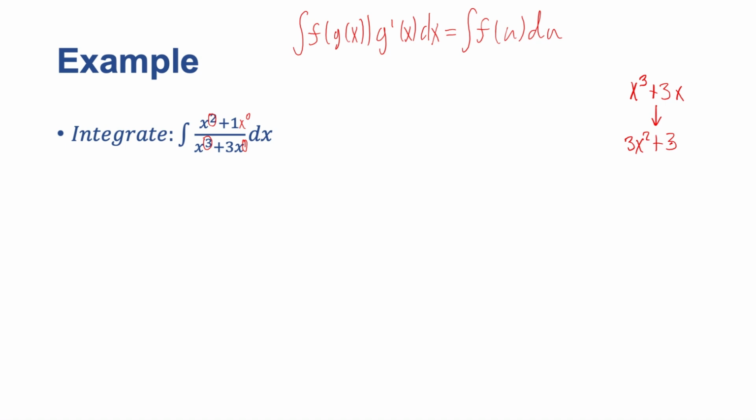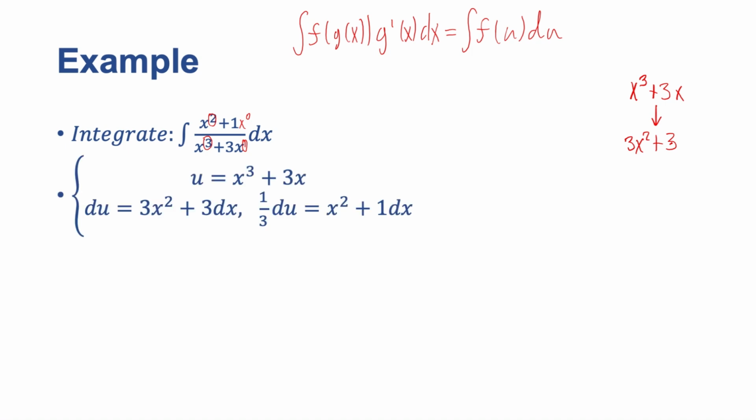All right, so now we have a good choice of u. We can choose u to be x cubed plus 3x. So now we have u equals x cubed plus 3x. Now we're going to differentiate that and take du, and that's going to be 3x squared plus 3. Now we need to multiply du by a constant so that the right-hand side turns into x squared plus 1 dx.